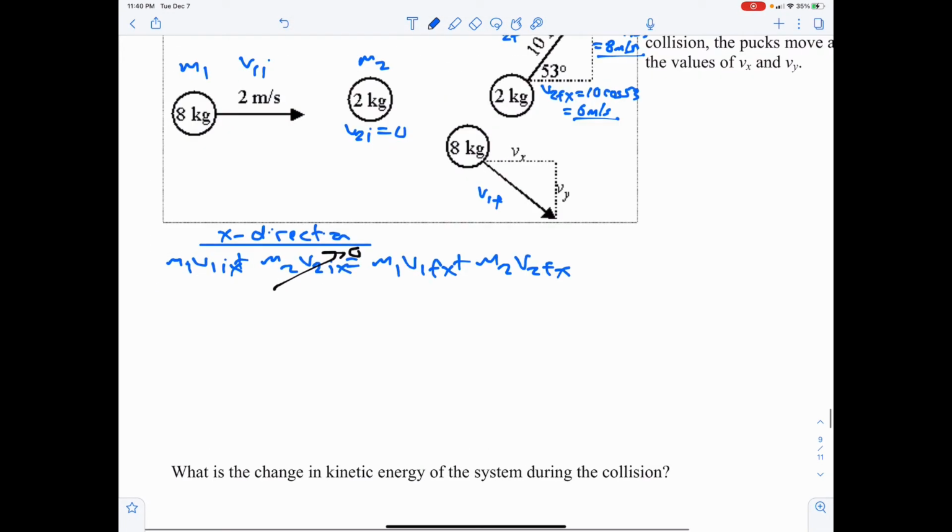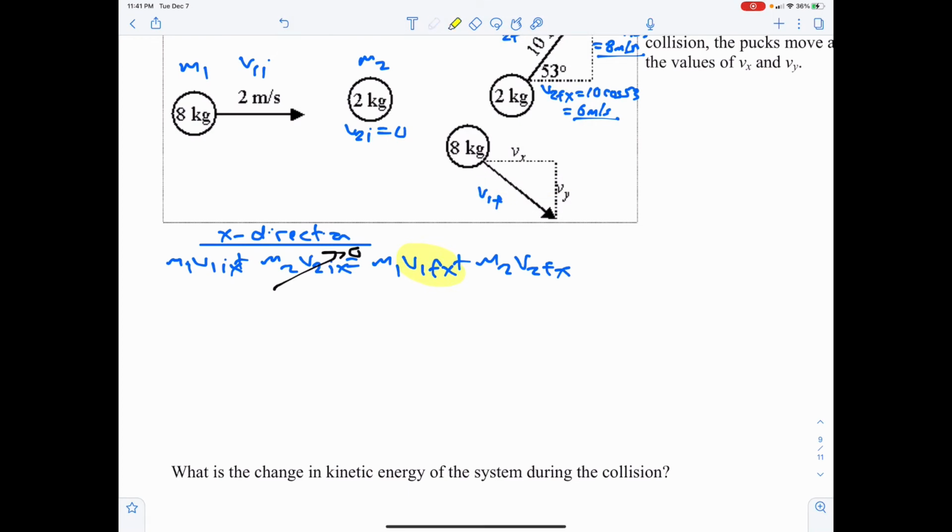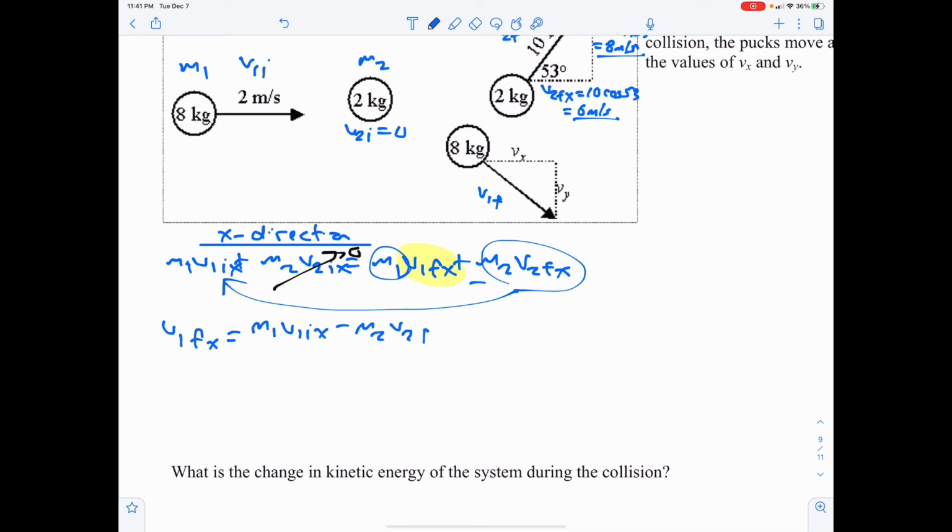I'm solving for V1 final in the x direction. So how do I do that? I need to take this and subtract it over here and then divide by that mass. So V1 final in the x direction is equal to M1 V1 initial in the x direction minus M2 V2 final in the x direction, divided by mass 1.